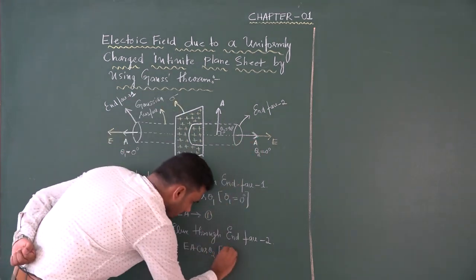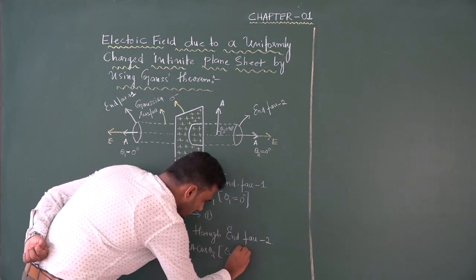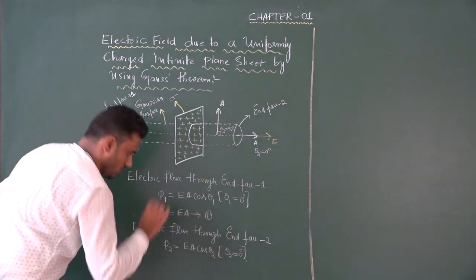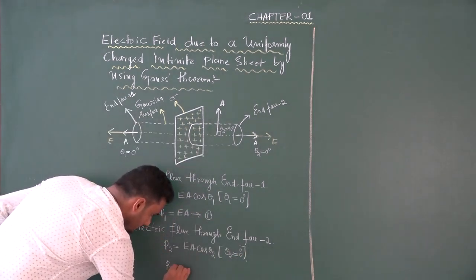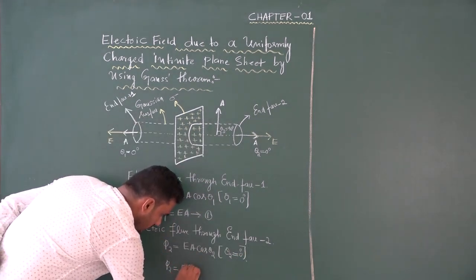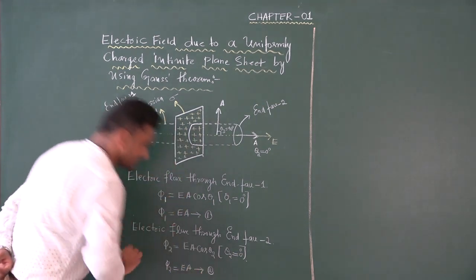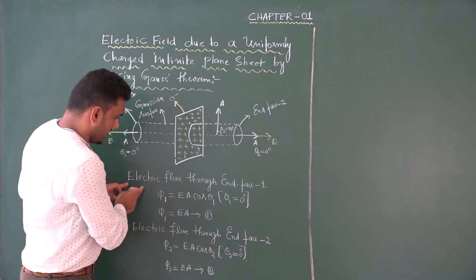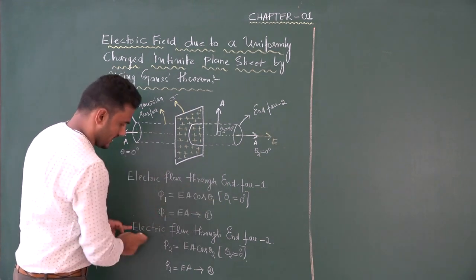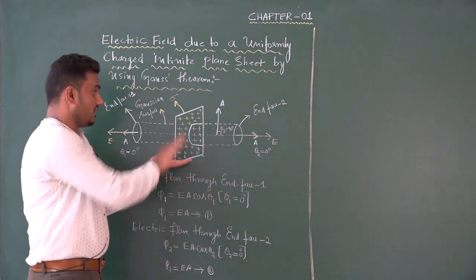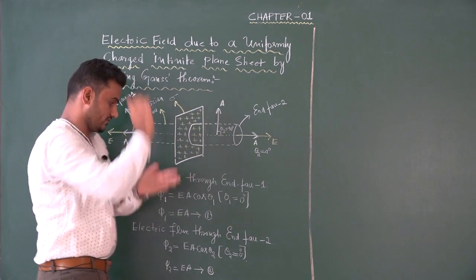What is theta 2 again? Theta 2 is equal to 0 degrees. Cos 0 is 1. The remaining thing, phi 2 is equal to E into A, equation number 2. Now we found electric flux through end face 1 and end face 2. Now we are finding electric flux through the curved surface.